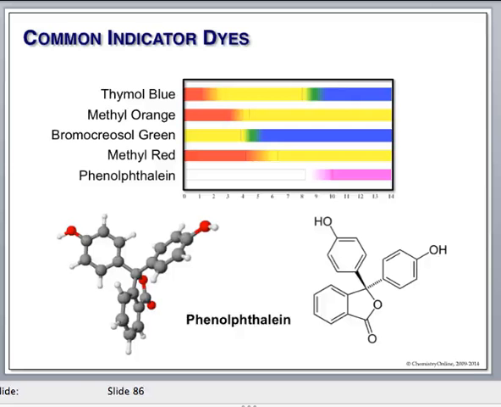When you hit about pH 8, it turns pinkish. You notice that some of these have lots of transitions involved. When you make pH paper, what you have is a mixture of these different dyes, very carefully selected and calibrated so that you get a given color depending upon your pH.